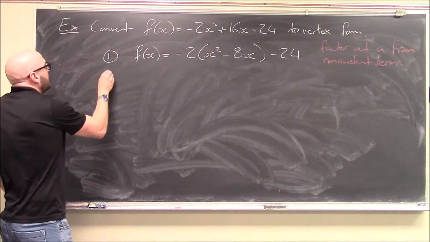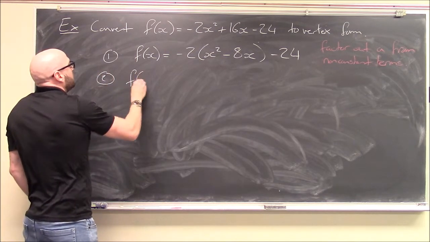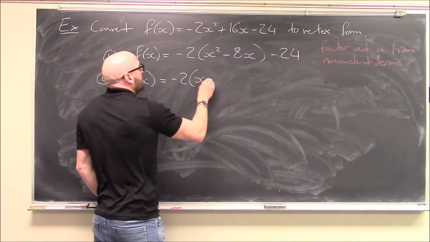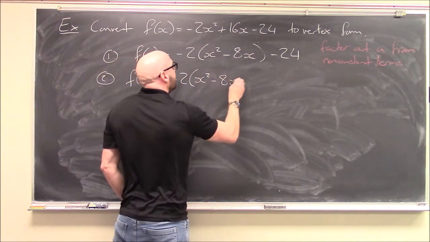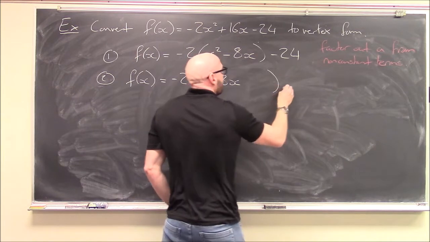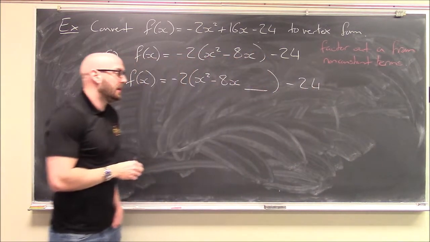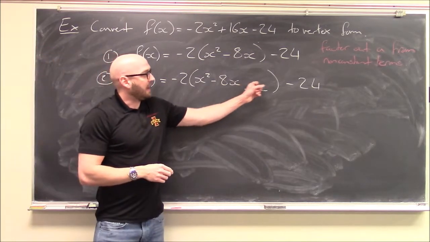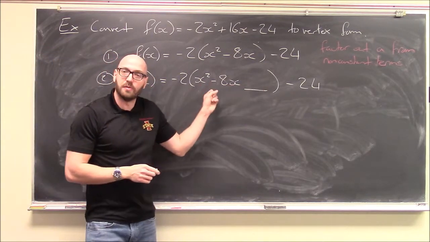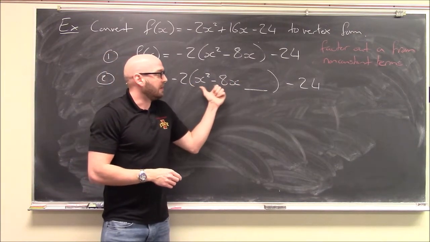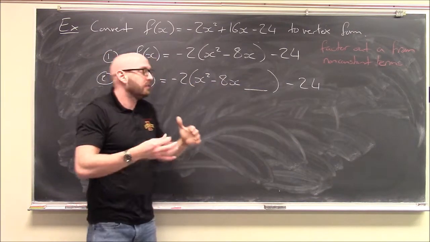Second step, now I want to complete the square. So here's what completing the square entails. The question is this: what number do I need to add right here to turn this into a perfect square? Something so that when I factor this, it will be x plus something, squared, right?